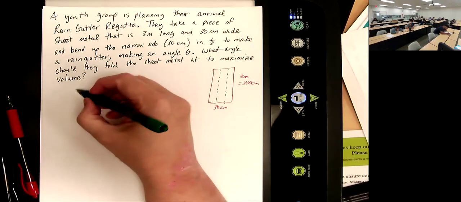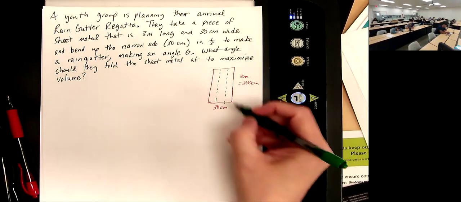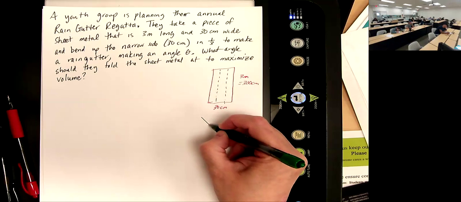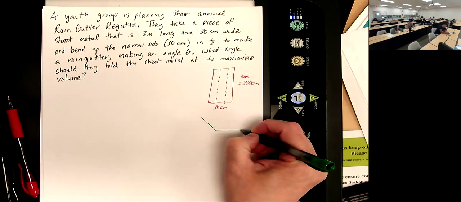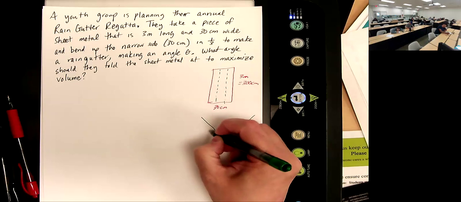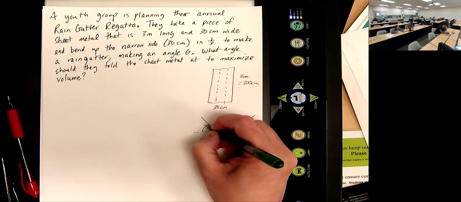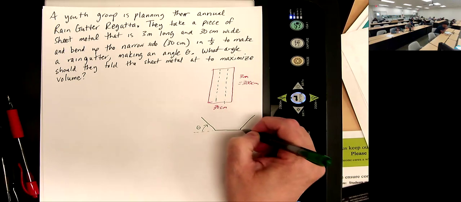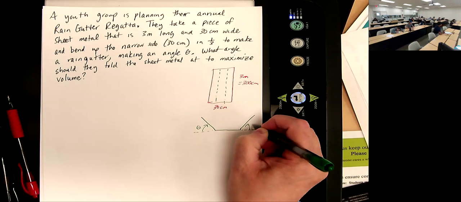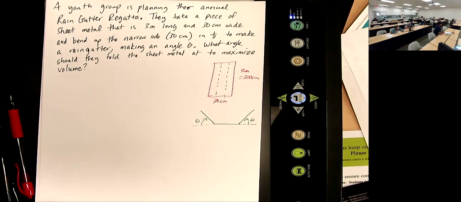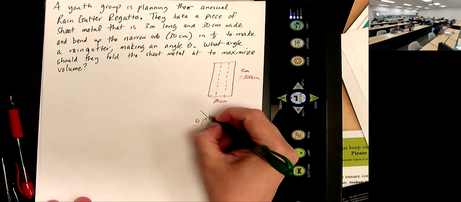I'm going to make a side profile here, where this is folded up at angle theta on each side. If it's in thirds, what's the length of each of those pieces? Each of these is 10 centimeters, right?